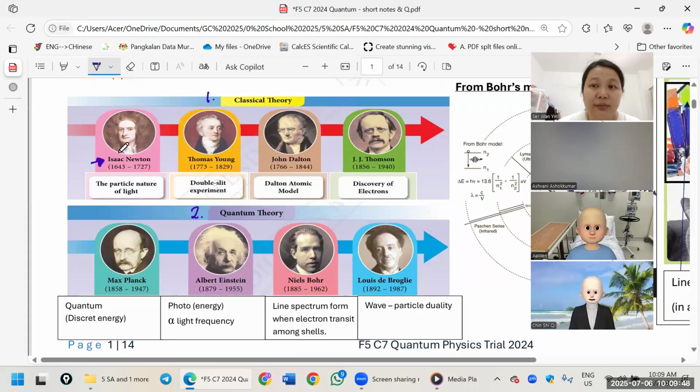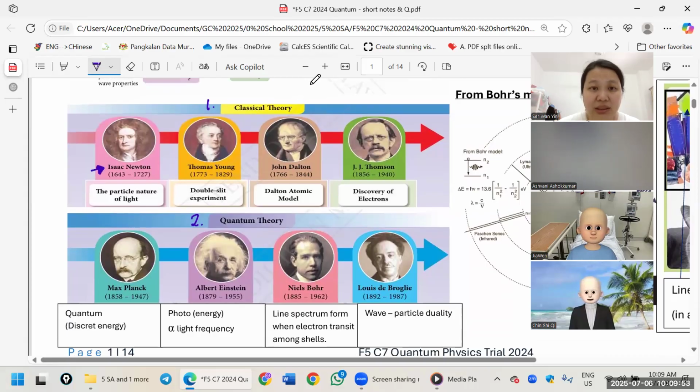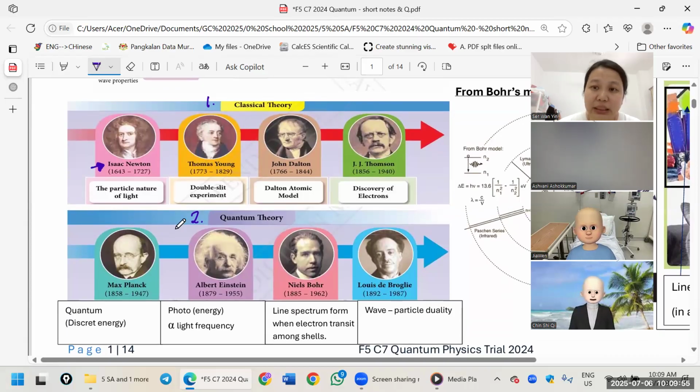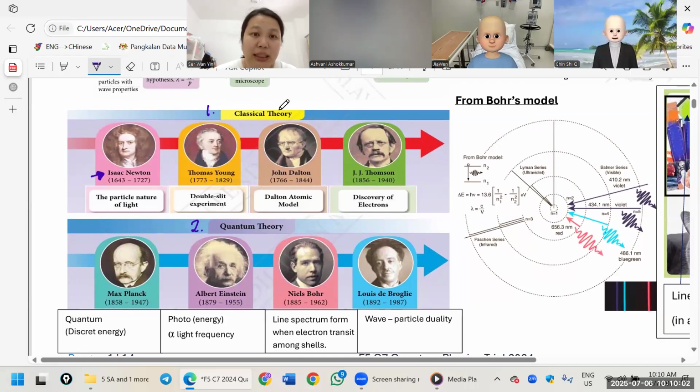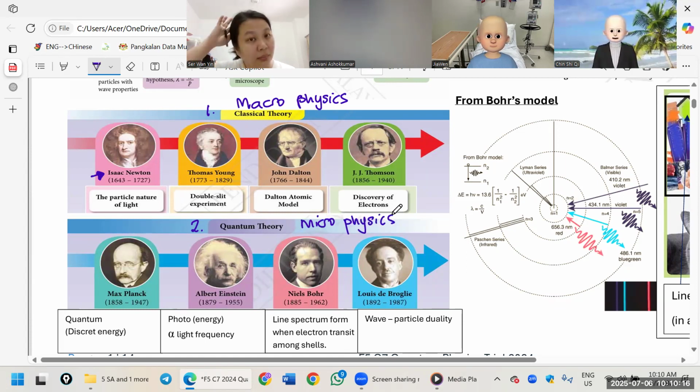Then quantum physics. What's the difference from classical physics? Classical theory, we can say is macro physics, and quantum physics we call microphysics. Macro is something you can observe with your naked eyes.